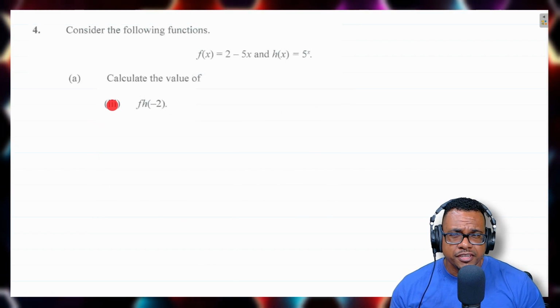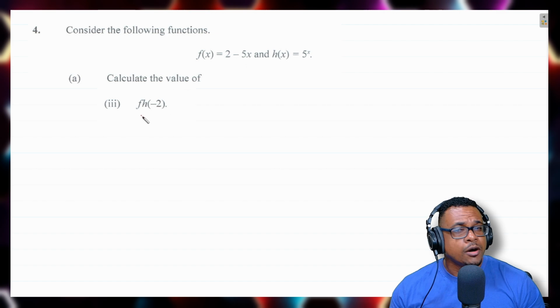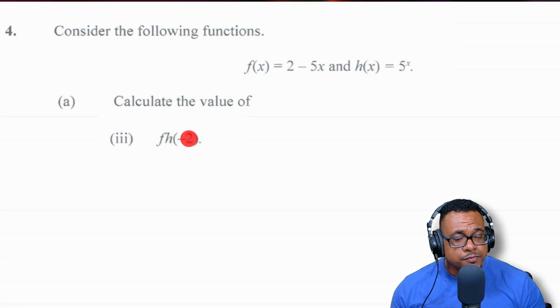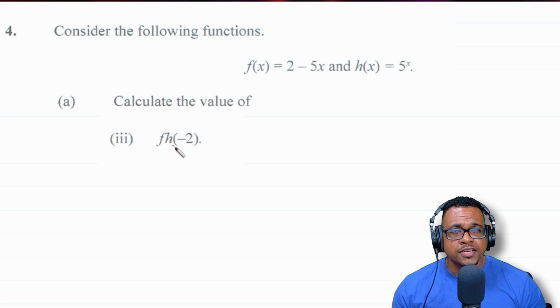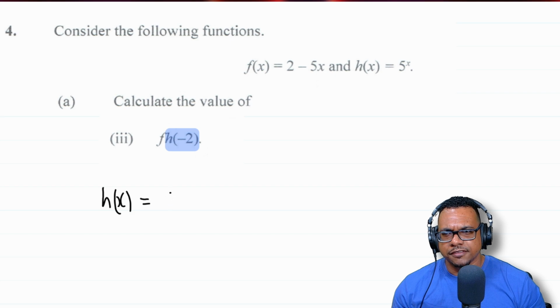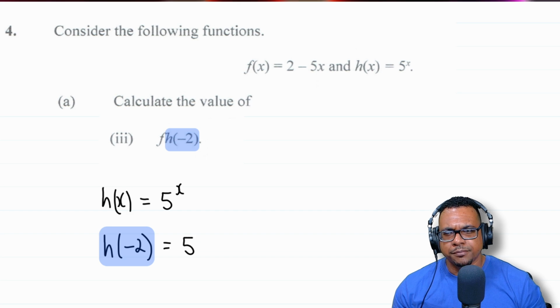Now moving on to part 3 of part A, we have a composite function. We want to find f h of negative 2. So the first thing we have to do is work out what is h of negative 2. h of x is equal to 5 to the power of x. Therefore, h of negative 2 will be equal to 5 to the power of negative 2, replacing the x with negative 2.